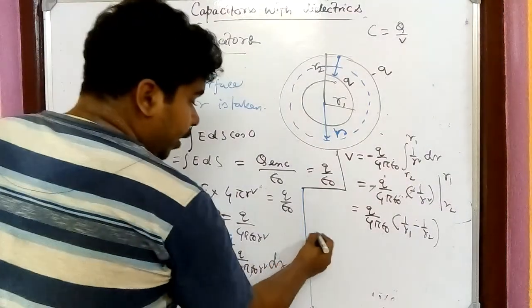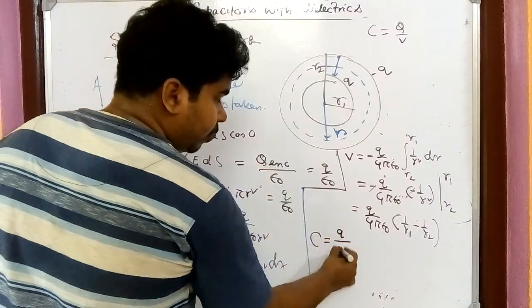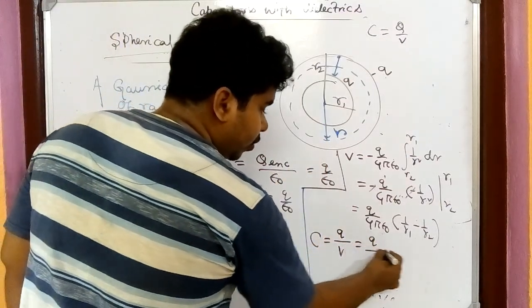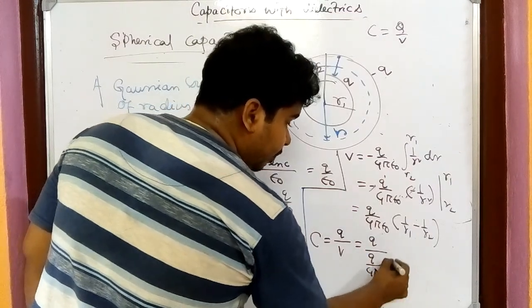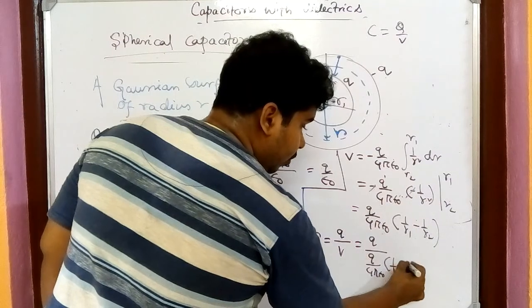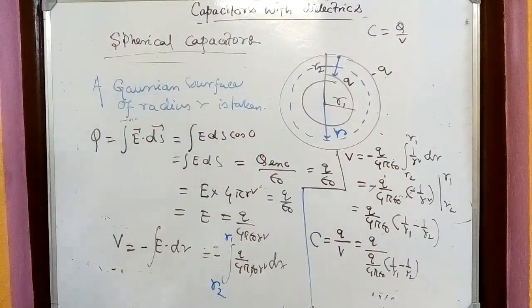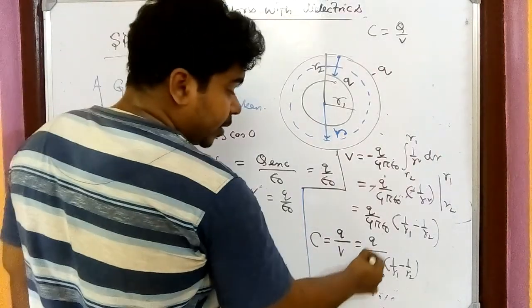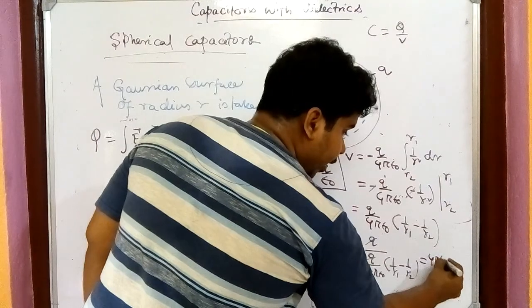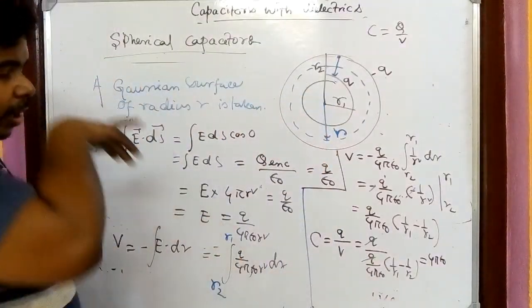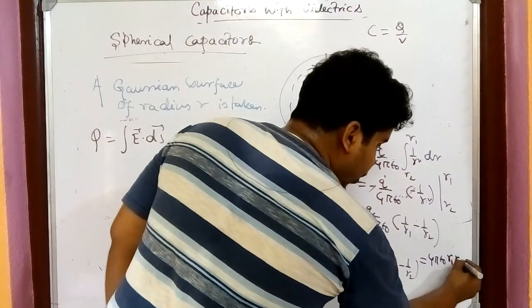Then C equals the total charge, small q, divided by V. So small q by q by 4 pi epsilon naught into 1 by R1 minus 1 by R2. q will be cancelled out, 4 pi epsilon naught comes up, and 1 by R1 minus 1 by R2 means R2 minus R1 by R1 into R2.